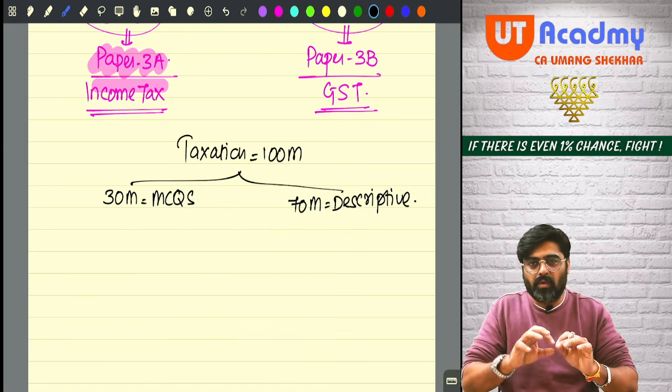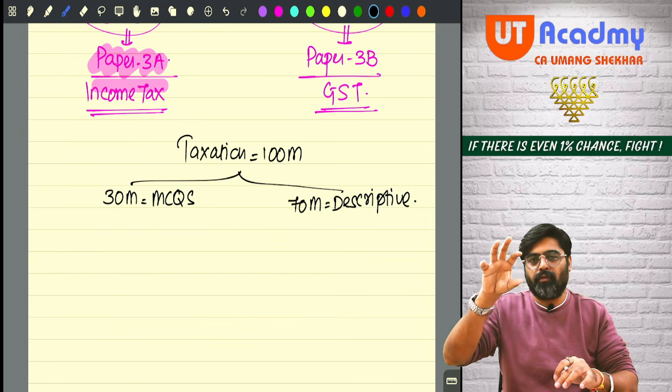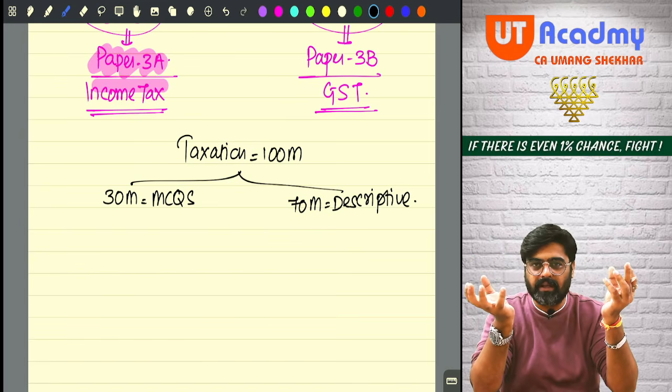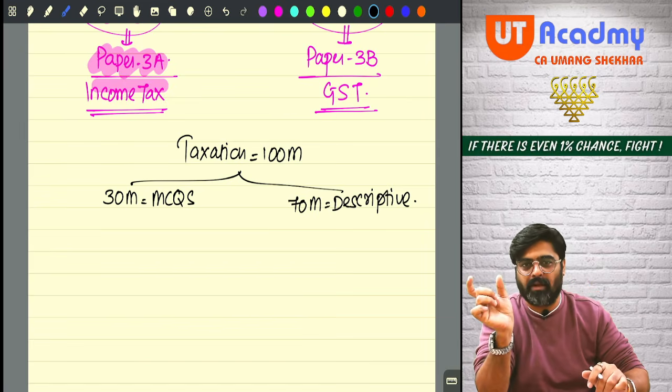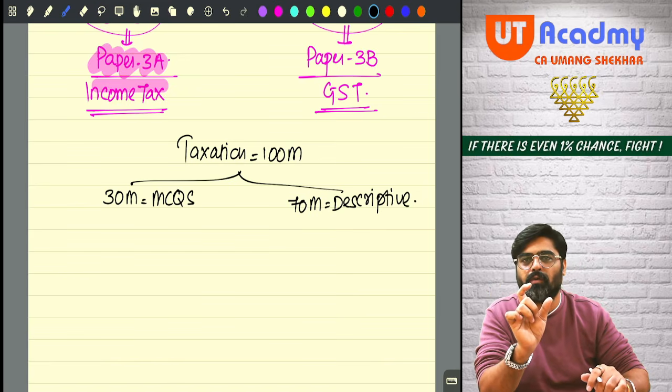And as we all know that taxation is 50 marks direct tax and 50 marks indirect tax. So likewise, MCQs of 30 marks are also divided in the ratio of 1:1, that is 50-50.